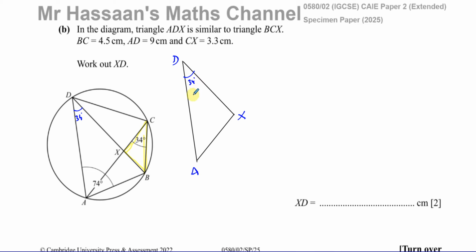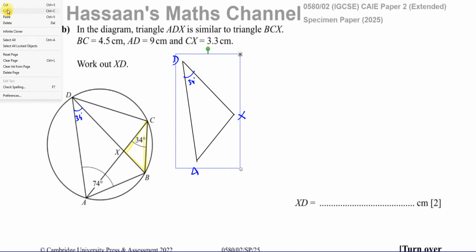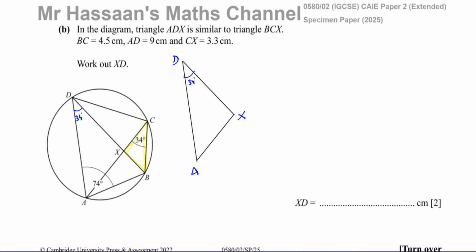And we know that it's similar to the triangle BCX. So I'm going to copy this triangle here, paste it here, and make it smaller. I'm drawing it with the same orientation as the other triangle, so we can compare them. Now, how do I know what letters go where?